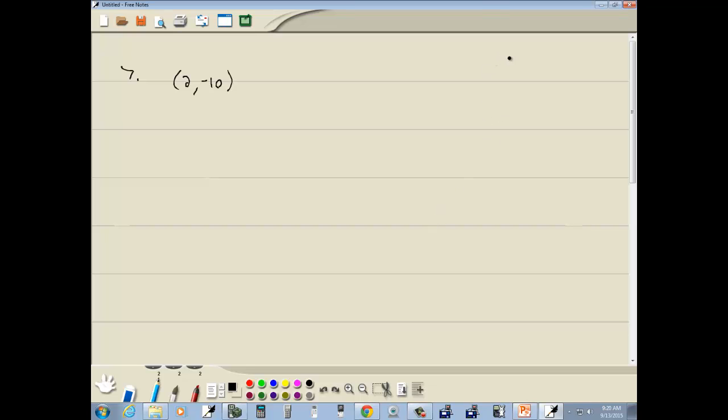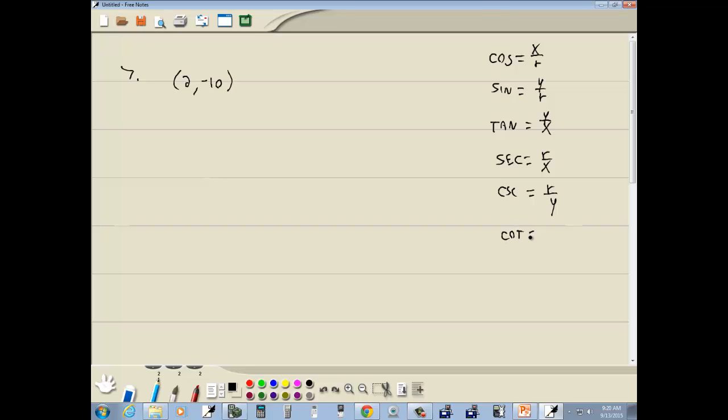So the formulas we're going to be using is we got cosine is equal to x over r. We got sine is equal to y over r. We got tangent, which is equal to y over x. We got secant, which is equal to r over x. We got cosecant, which is r over y.